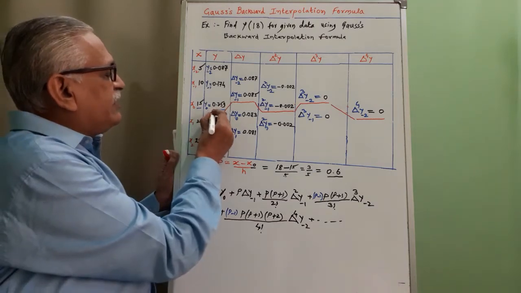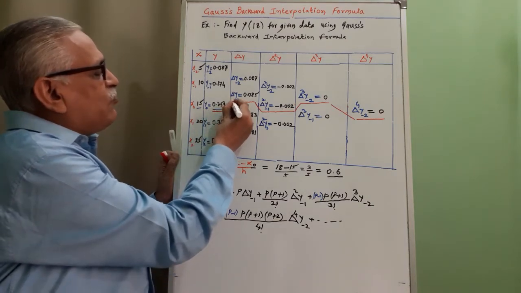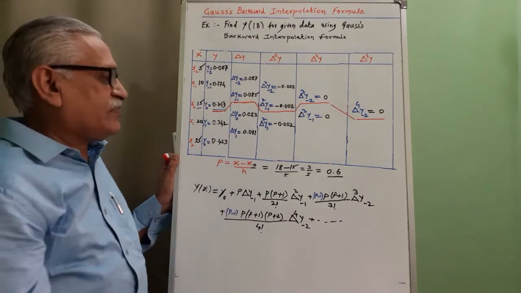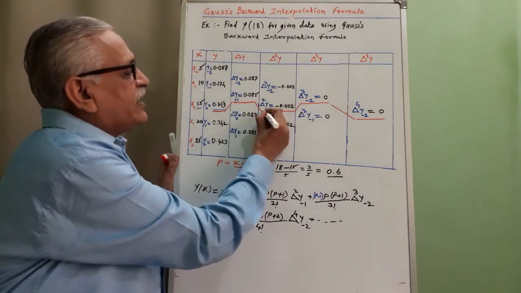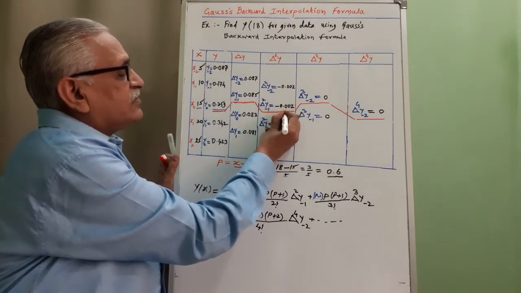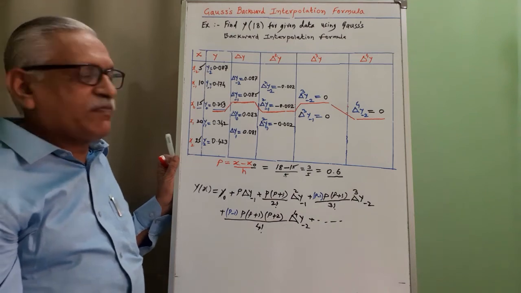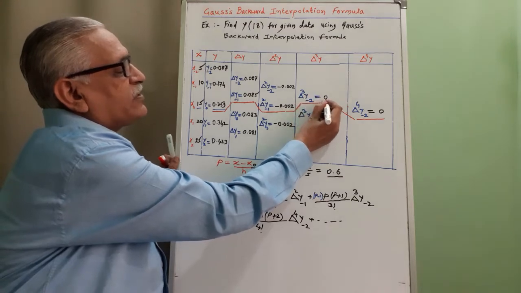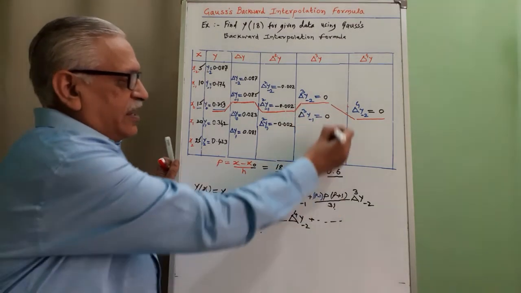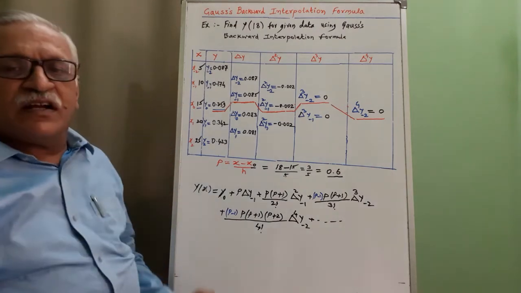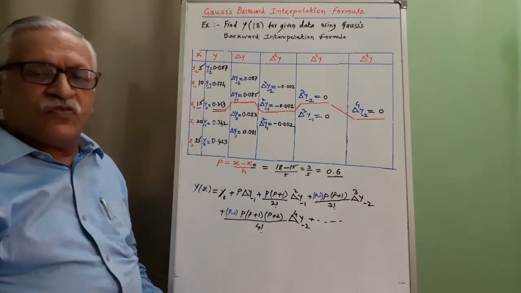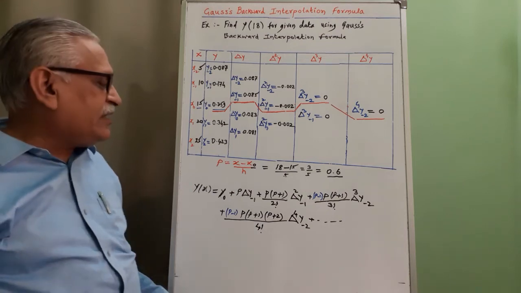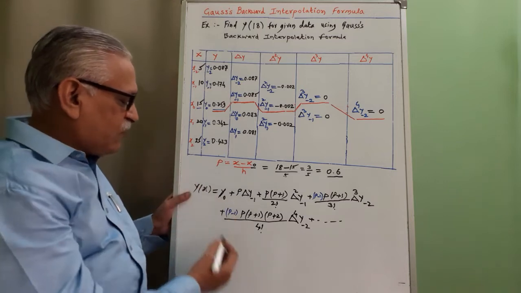Therefore, we underline this y0, then we go upward direction, underline this, we get del y minus 1, come downwards, we get del square y minus 1 as minus 0.002. Then again we go upward direction, value del cube y minus 2, that value is 0, and again coming downwards we get del raised to 4. Therefore, we have to take the help of all these values which I have underlined, and then use the formula.